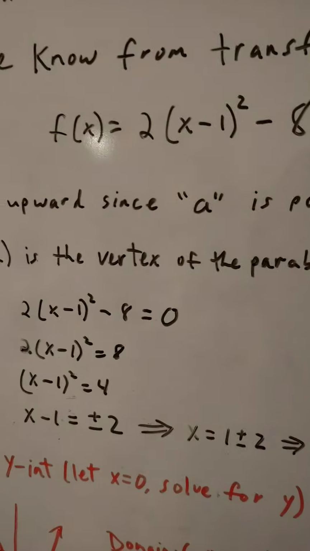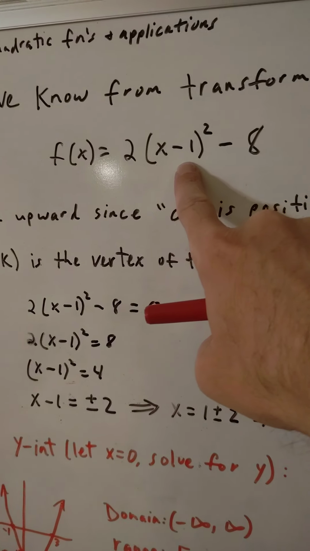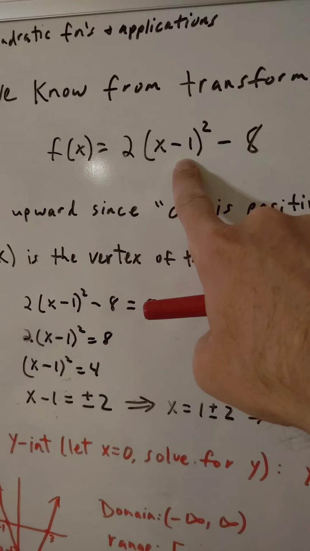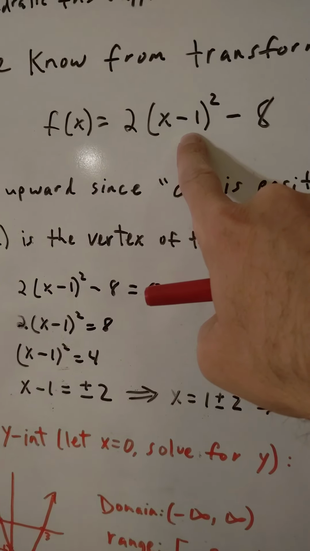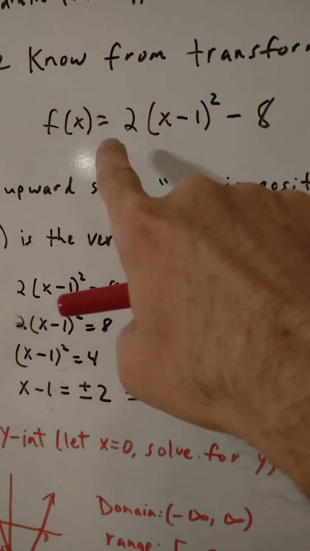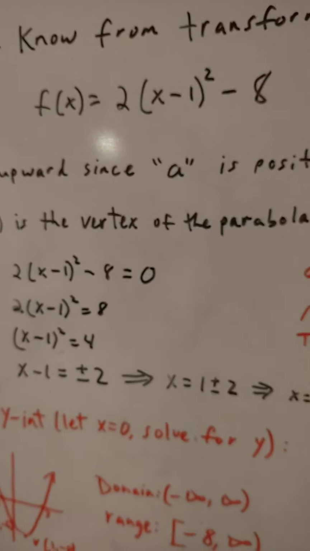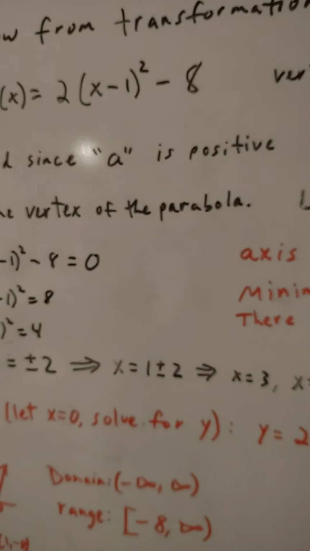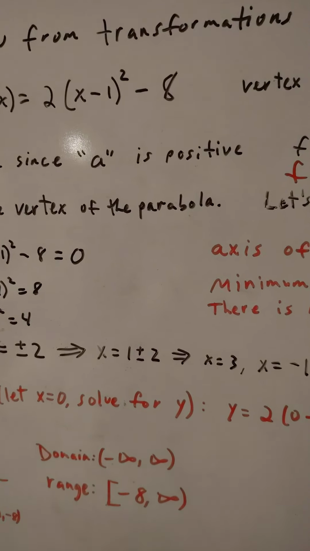In fact, this vertex form function here, if I were to square out that binomial, if I square x minus 1, I can do that in my head. It'd be x squared minus 2x plus 1. Then multiply that by 2, so that would give you 2x squared minus 4x plus 2.